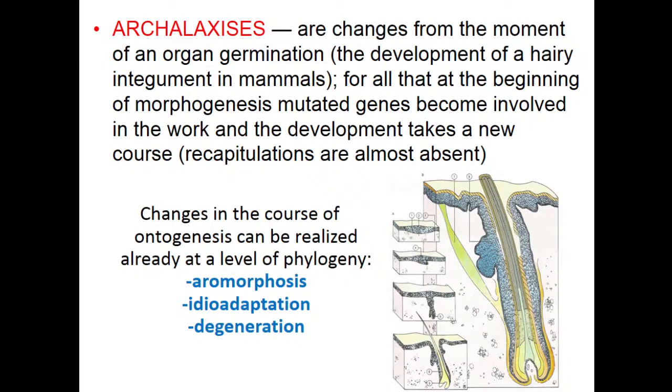Recapitulations are almost absent. Changes in the course of ontogenesis can be realized already at the level of phylogeny: aromorphosis, idioadaptation, and degeneration.